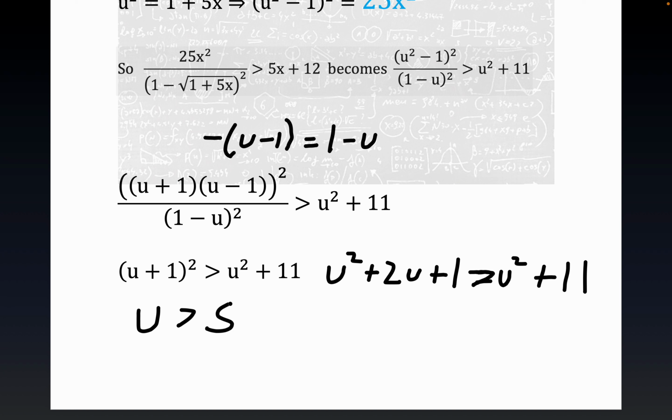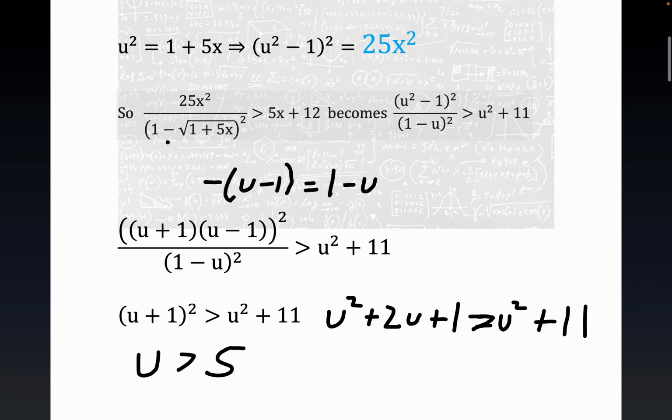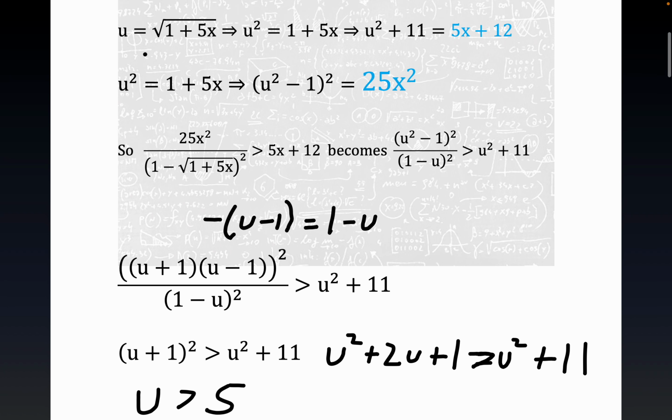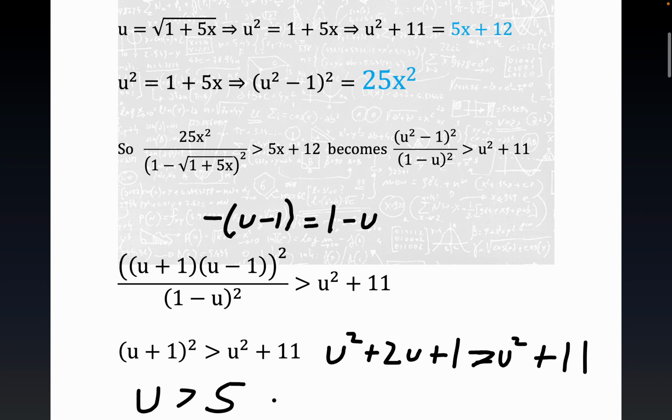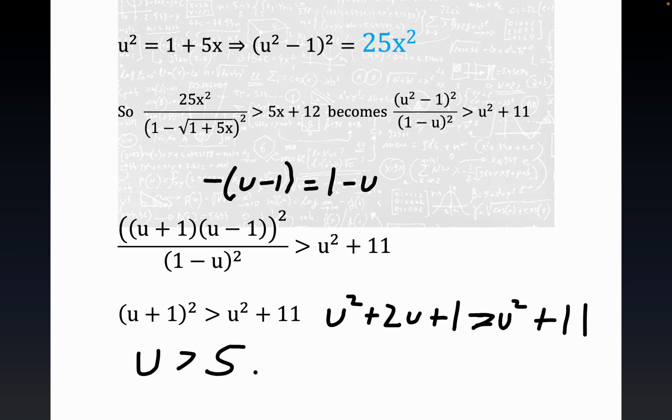Now, if we were just trying to solve the inequality in U, we would be done, but we're trying to solve the inequality in x. Remember the linkage here: U is equal to the square root of 1 plus 5x. When you square this, you get 1 plus 5x, which is U squared, greater than 5 squared, which is 25.